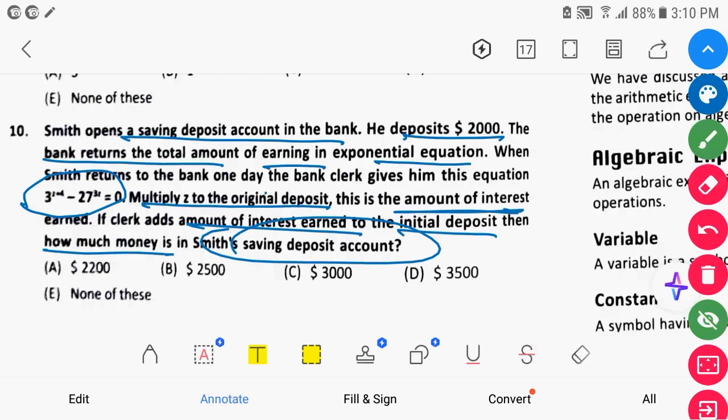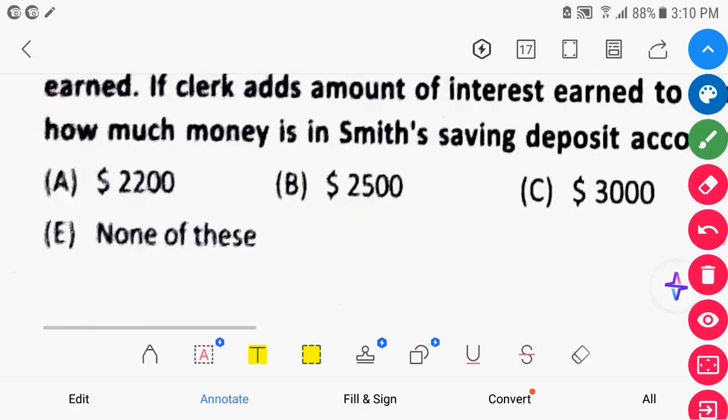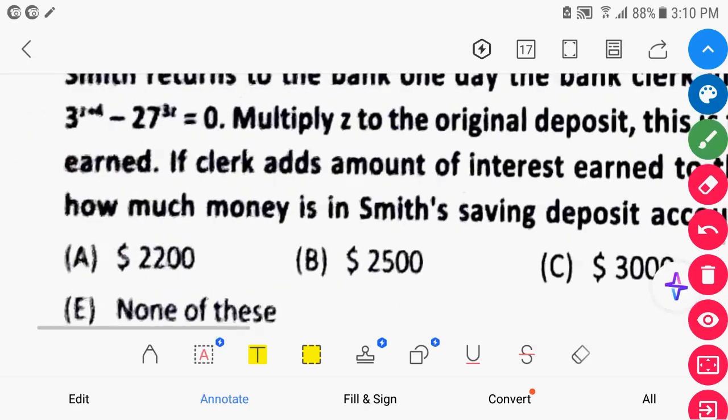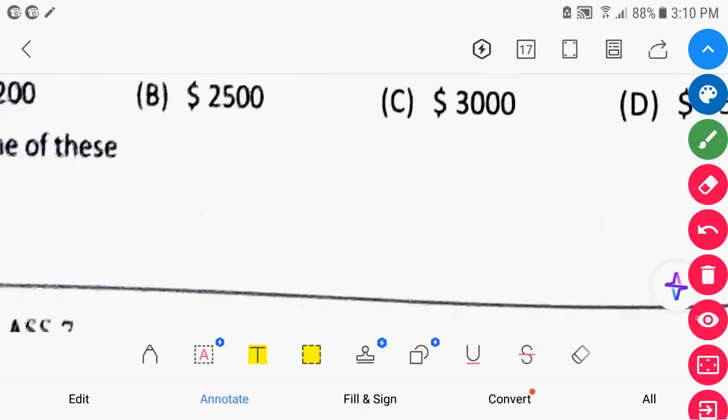Now the algebraic equation that the bank clerk gives to him is 3 raised to z plus 4 minus 27 raised to 3z, 3 raised to z plus 4 minus 27 raised to 3z is equal to 0. Okay.